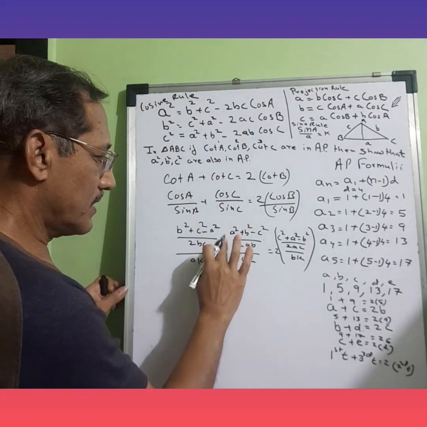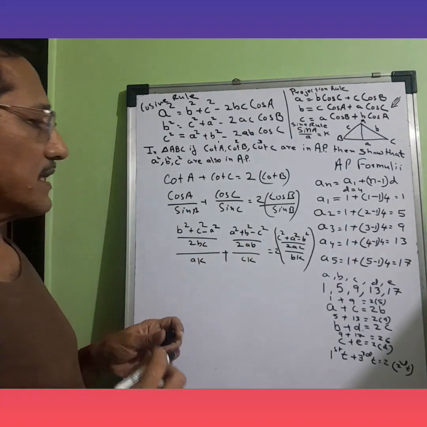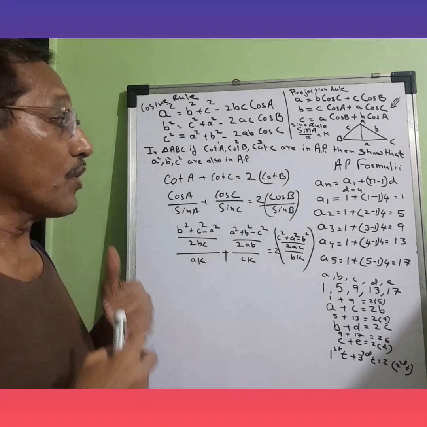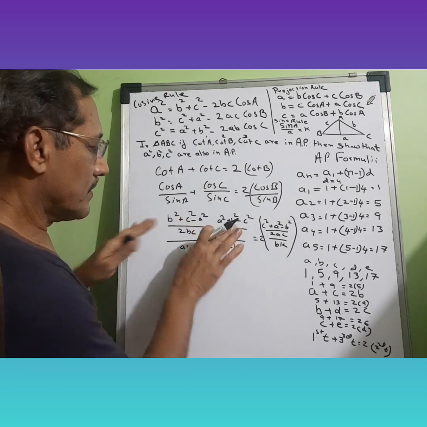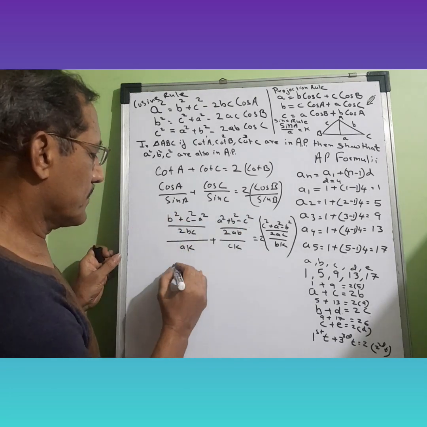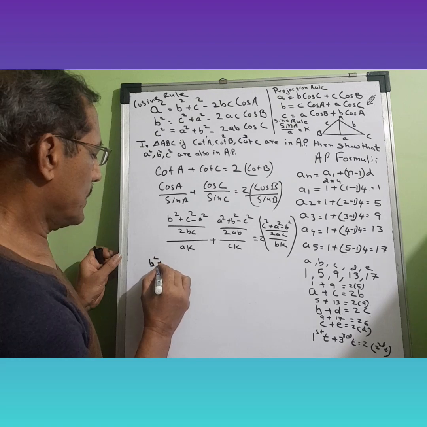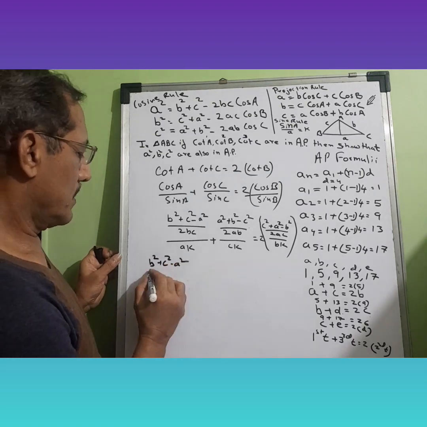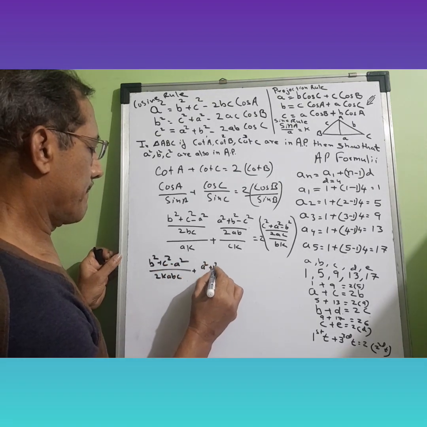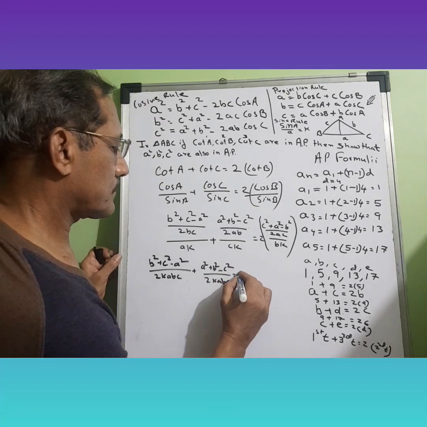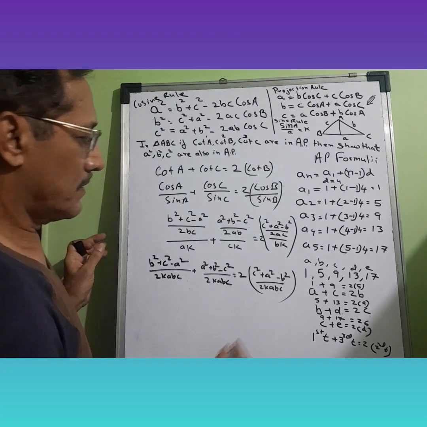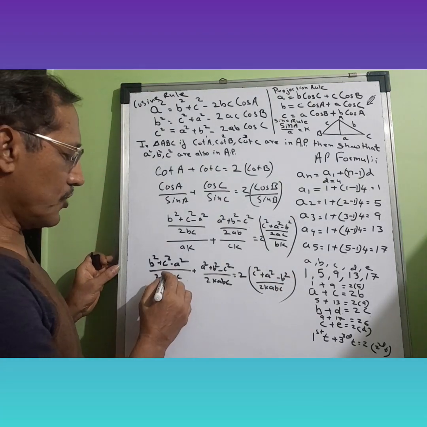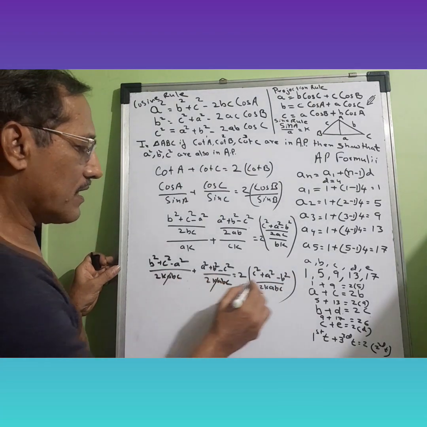Okay, let me put this here. So let's now understand what happens later. Now what happens is this goes down, right? So this becomes b square plus c square, so you get this. Now we jolly well can cancel this out.